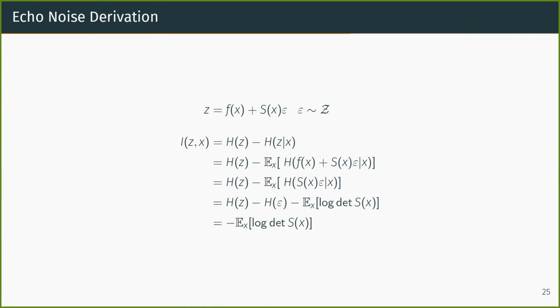The conditional entropy should be negative infinity. No, because epsilon is not determined. Oh. Yeah, but you're right that this is a constant given x, right? So that's why we can take it out of the entropy.